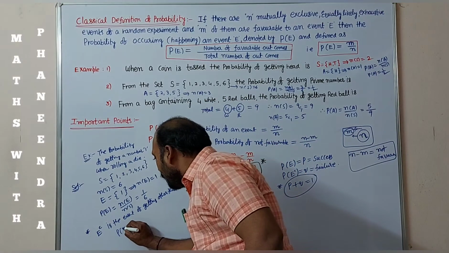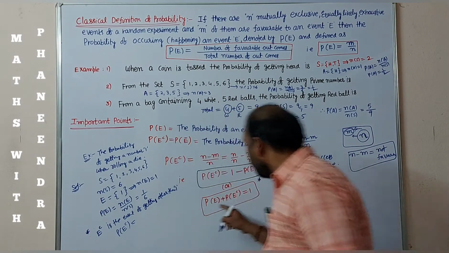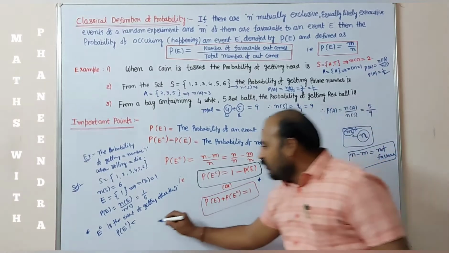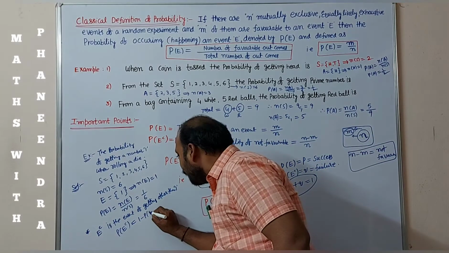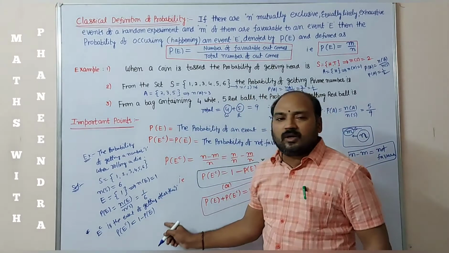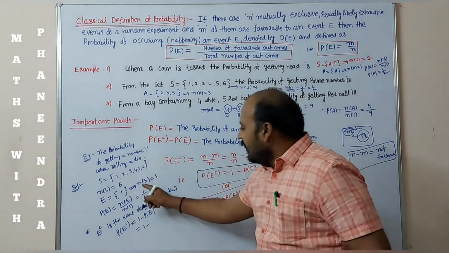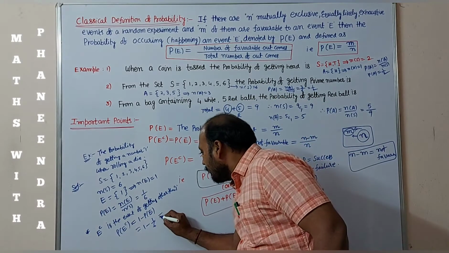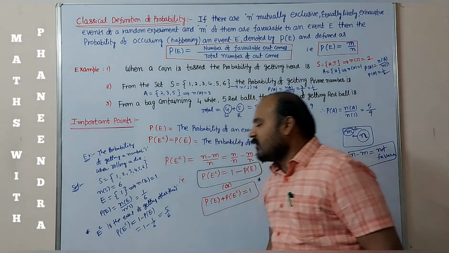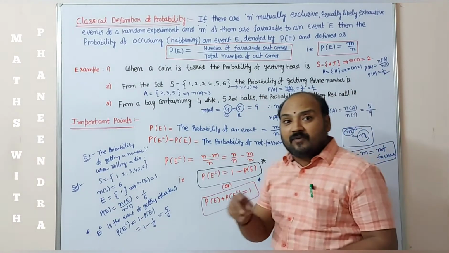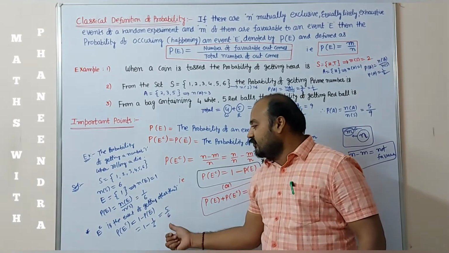So P of E complement, by using this formula, P of E complement equals 1 minus P of E. P of E is getting a number 1, so 1 minus 1 by 6, which is 5 by 6. So the probability of getting other than number 1 is 5 by 6.